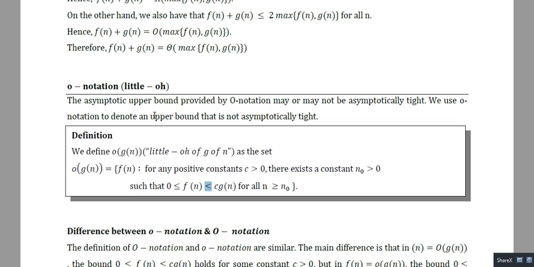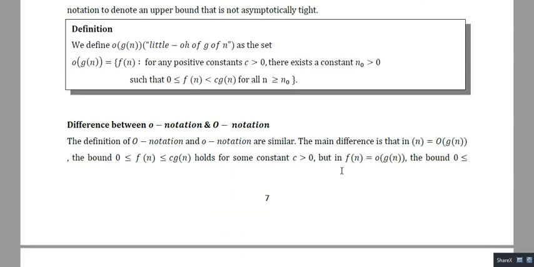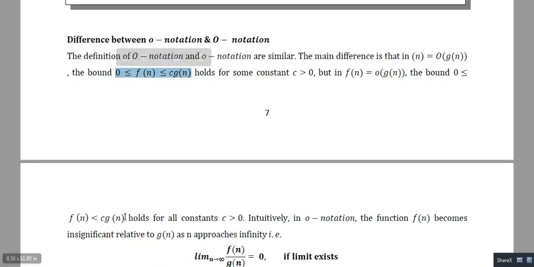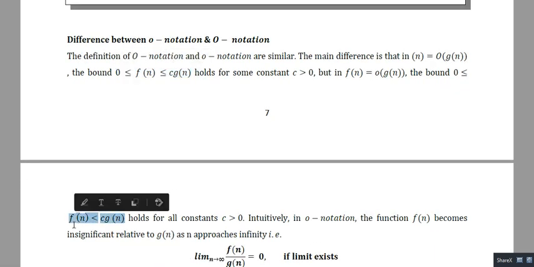This also gives us an asymptotic upper bound, but it is not tight, because it is strictly less than this particular thing, and the whole thing remains the same. So this is for big O, and this is for little o.